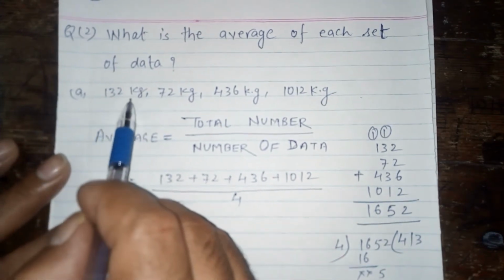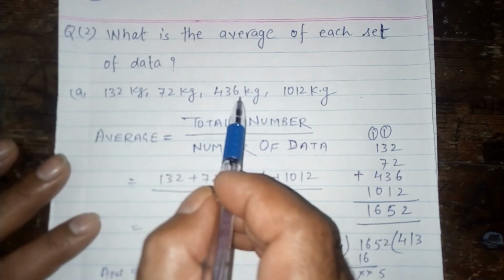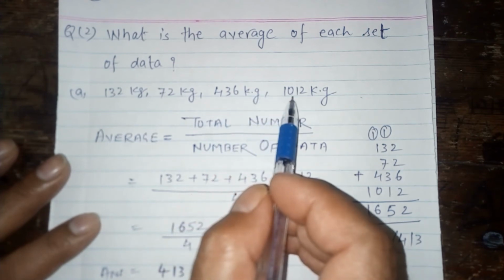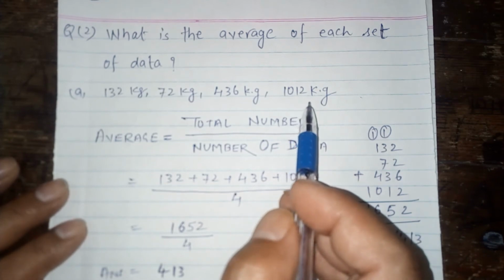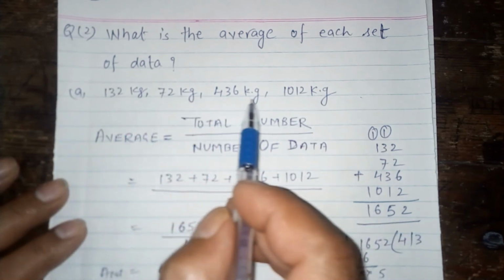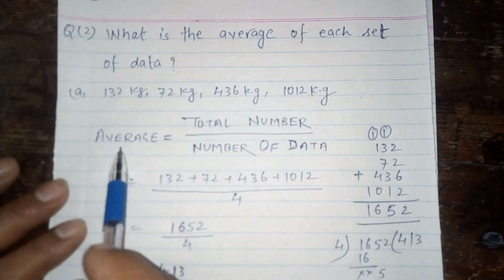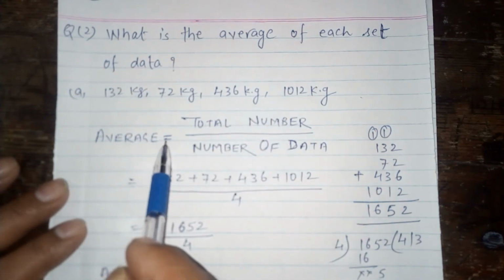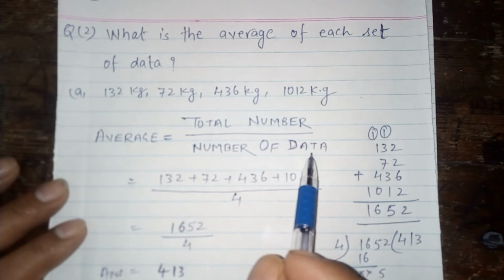The question is 132 kg, 72 kg, 436 kg and 1012 kg. How will you find the average of these four numbers? First we apply the formula. Average equals total number upon number of data.